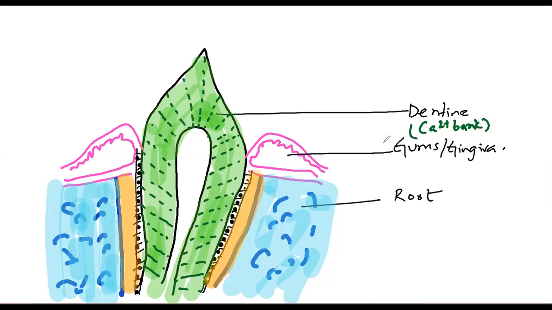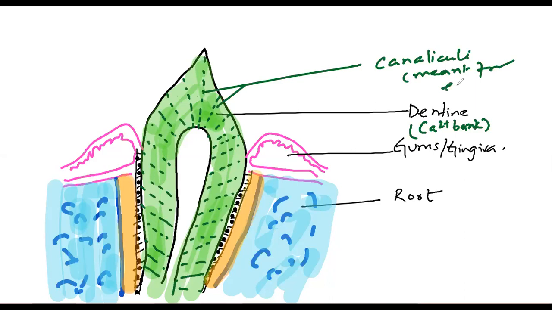Fine. So these drains are also called canaliculi. This is meant for exchange of calcium. So when there is no calcium in your food, the body takes it from the teeth. When you put calcium back in your food, the body returns it.